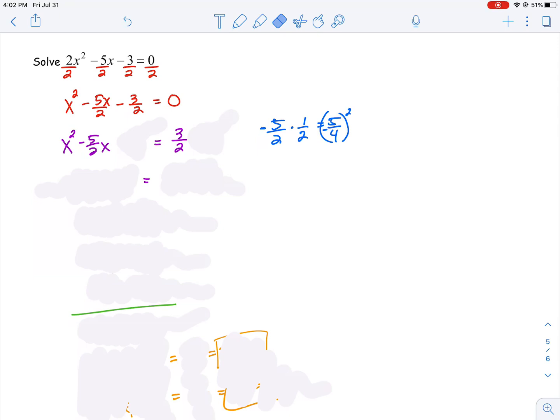So I have negative 5 halves times 1 half, which is negative 5 fourths. I'm going to square it, which gives me positive 25 over 16. That's the number we're going to add to both sides.